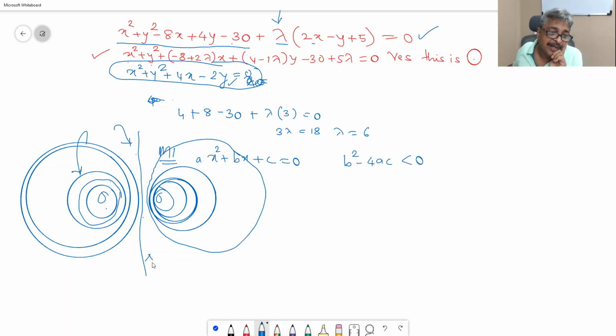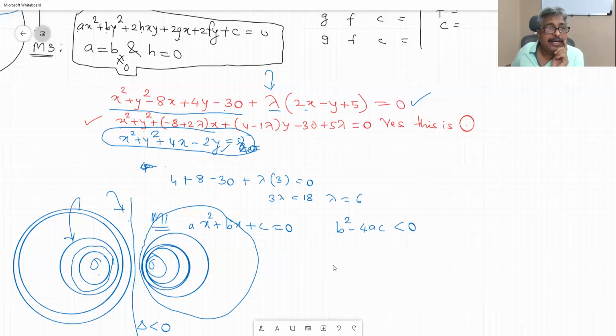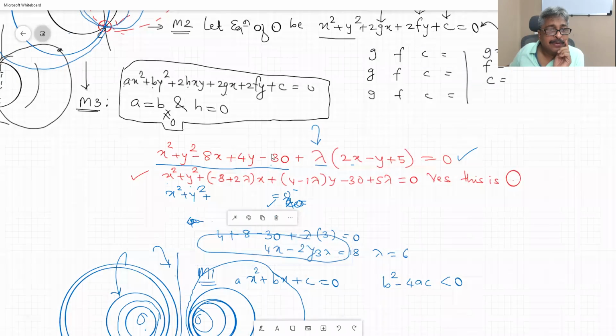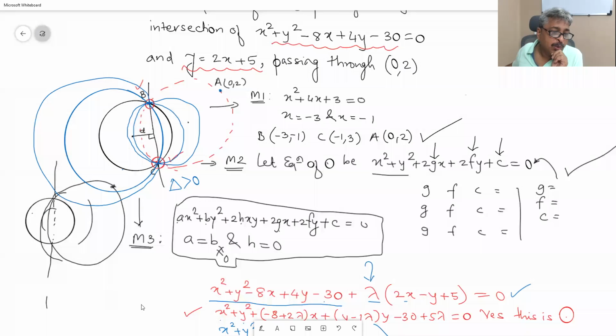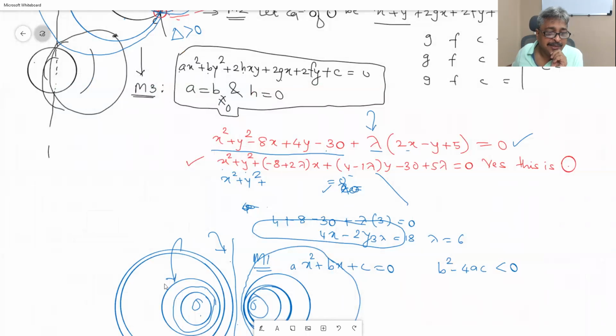This is where delta is negative. The diagram that I made earlier, this one, is when delta is greater than 0: two distinct intersection points. And the third case would be when the line and circle are tangent. Do you understand?